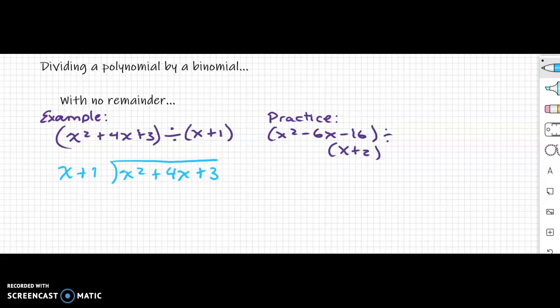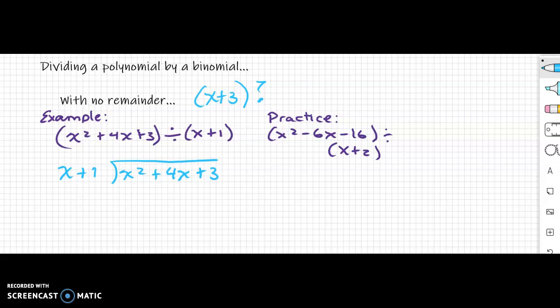Then I would be able to cancel my x plus 1s. So my guess is that my answer is going to be x plus 3 before I even do this problem. But again, there are going to be times where that's not going to work, especially once I have a remainder. So I want to have another technique, and that's what we're learning right here.